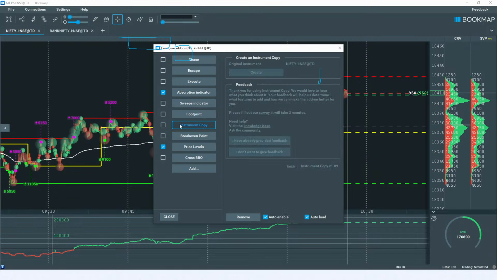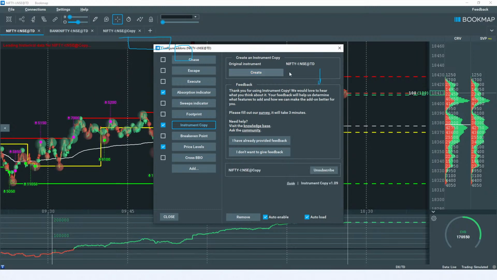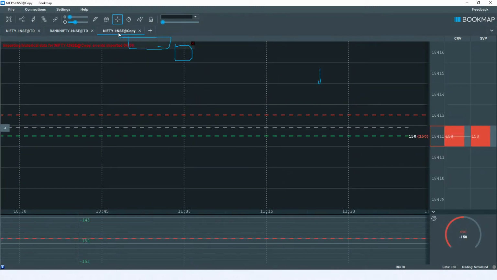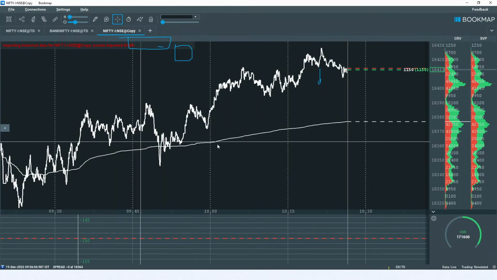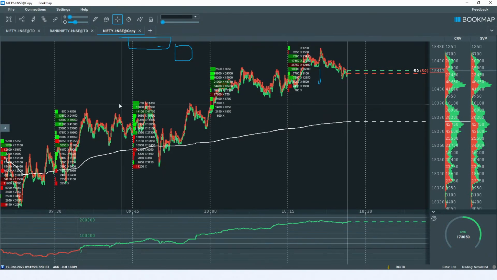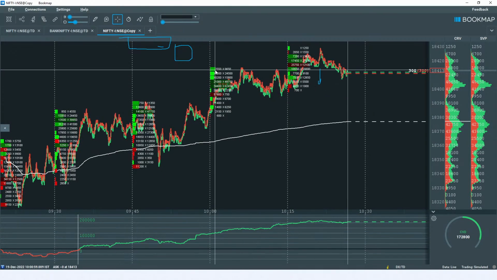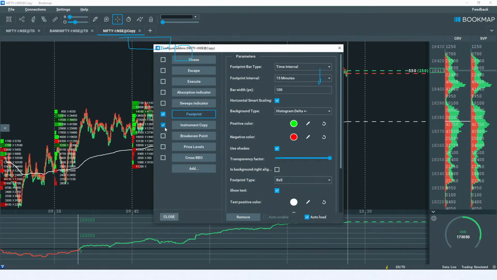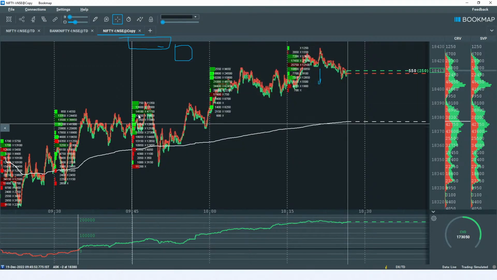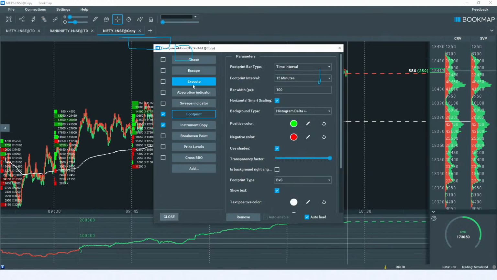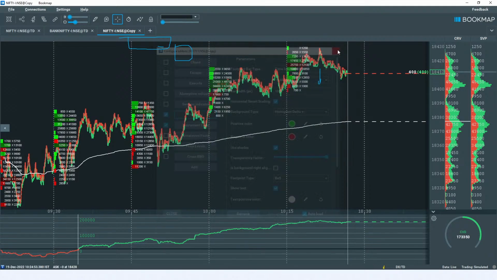You can download it from Bookmap. I'll enable it and create one more add-on of Nifty. In this case the footprint chart is enabled by default, so we are now seeing the footprint chart for the Nifty instrument for every single 15-minute candle.